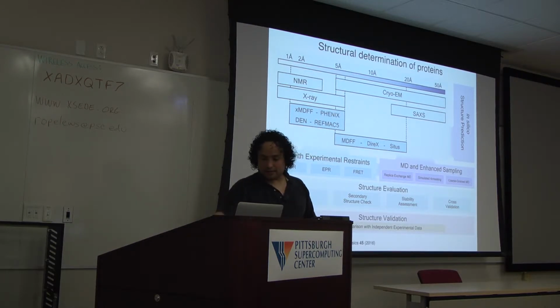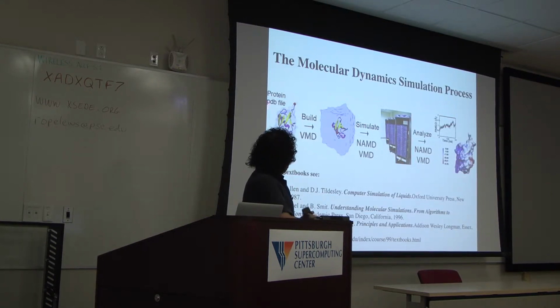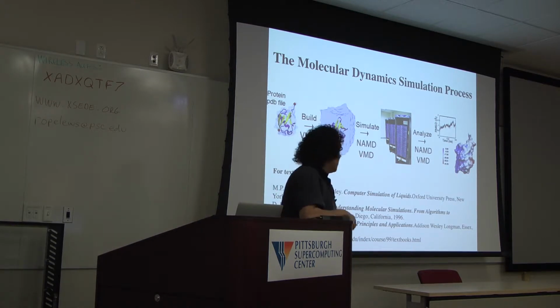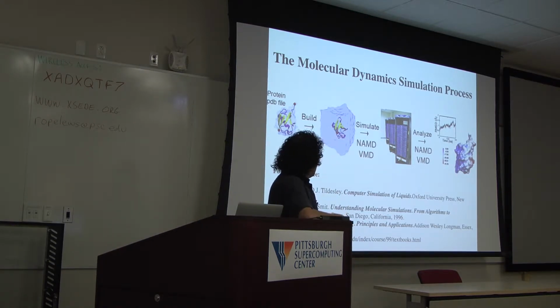So I think at this point, we're right here. It's really important that you pay a lot of attention to the structure you're starting with. The next step is to build the environment of the protein. It can be water, it can be a lipid membrane, it can be, I don't know, some weird solvent, but it's important that you also perform this step carefully.